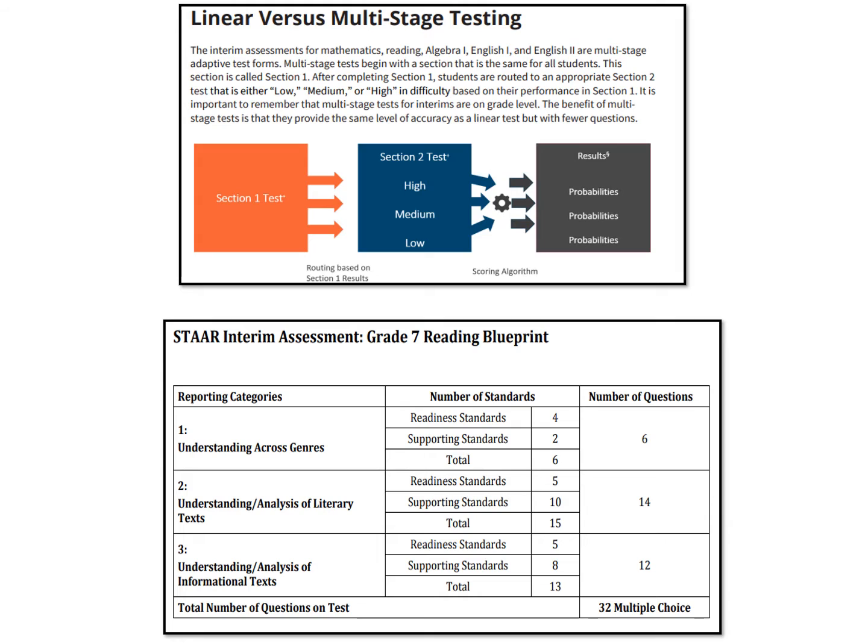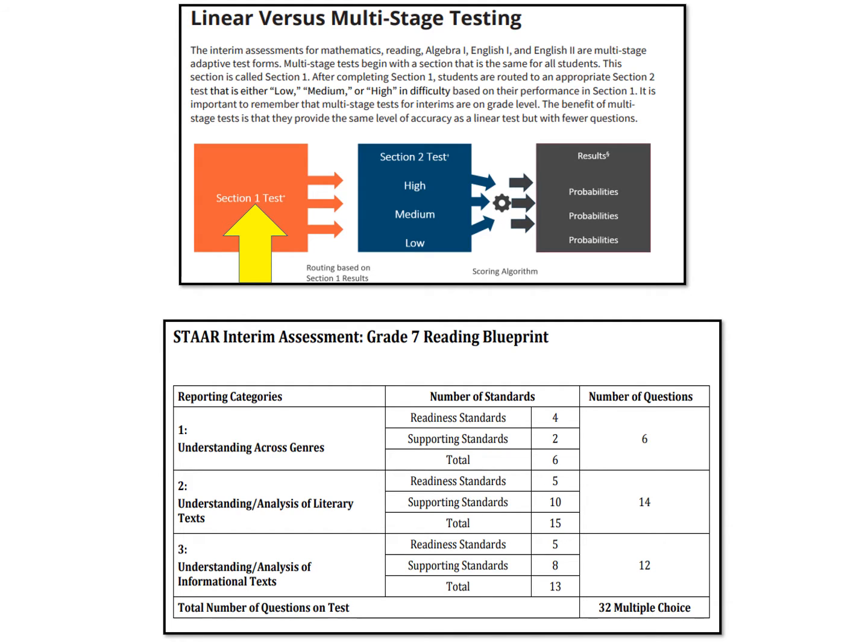Before reviewing the results, let's take a quick look at the basics regarding the assessment. Linear multi-stage testing. The interim assessments for mathematics, reading, algebra 1, English 1, and English 2 are multi-stage adaptive test forms. Multi-stage tests begin with a section that is the same for all students. This section is called Section 1.